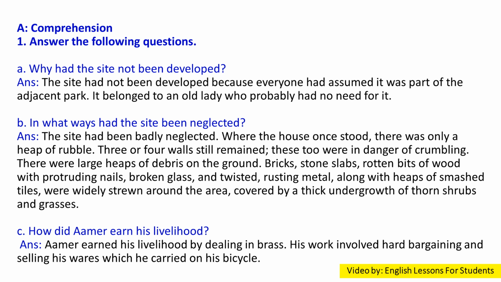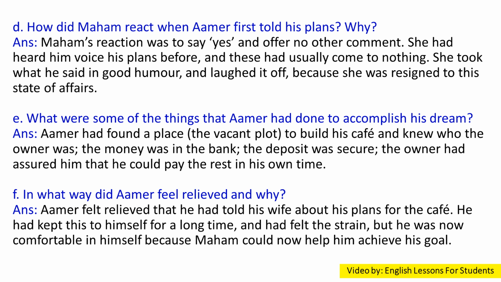C. How did Aamer earn his livelihood? Answer. Aamer earned his livelihood by dealing in brass. His work involved hard bargaining and selling his wares, which he carried on his bicycle. D. How did Maham react when Aamer first told her his plans? Why? Answer.